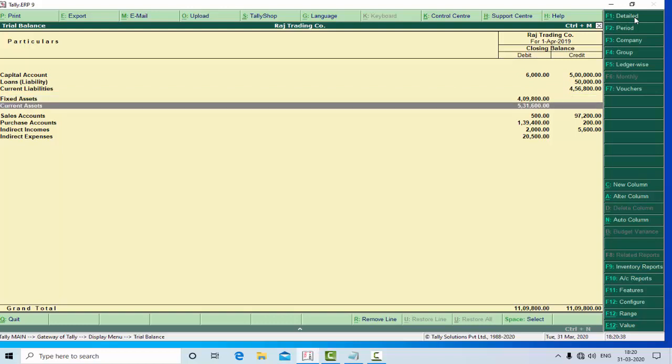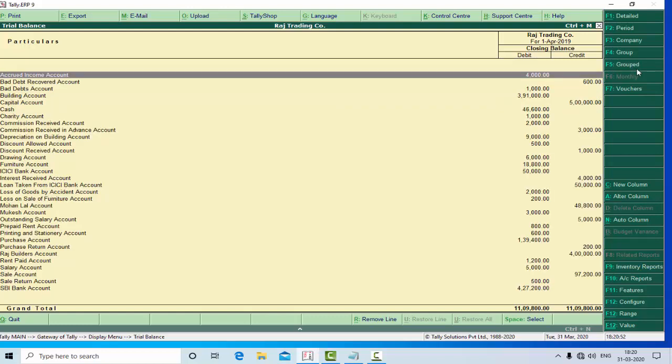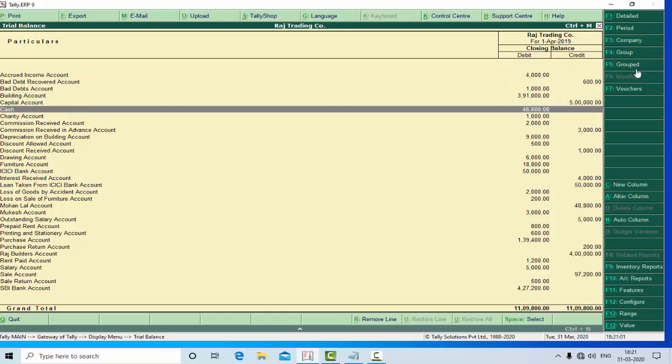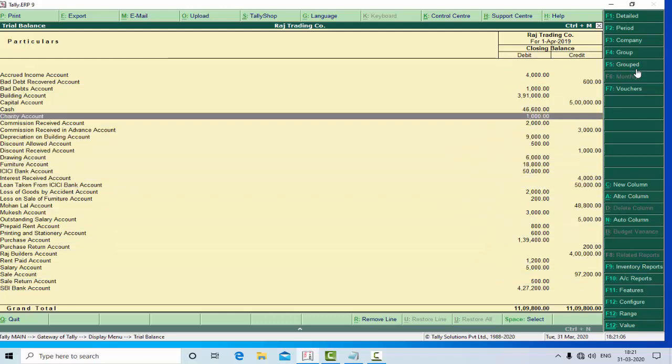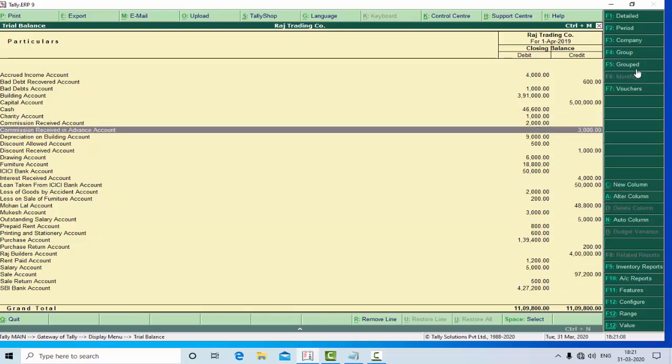It will show the closing balance of all your accounts, and if you want to see the closing balance of all your ledgers, you can use this shortcut key F5, or you can click on this button, ledger wise. You can see that all the information ledger wise is displayed by this. You can see all the debit balances and credit balances of all accounts shown in this statement, in this report.